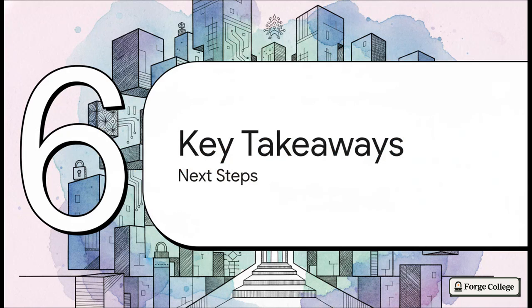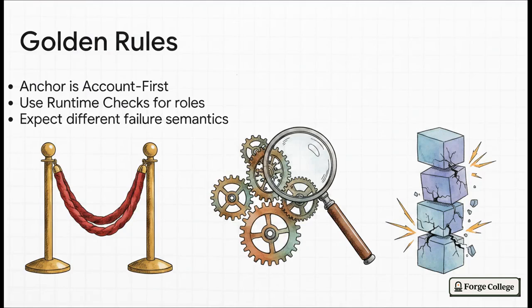Section 6. Key takeaways and next steps. Let's debrief and see how this builds our foundation for the rest of the course. Remember these 3 golden rules. First, prioritize the account-first velvet rope by using declarative constraints like signer and has_one. Second, embrace explicit runtime checks when things get complex, like with dynamic roles.